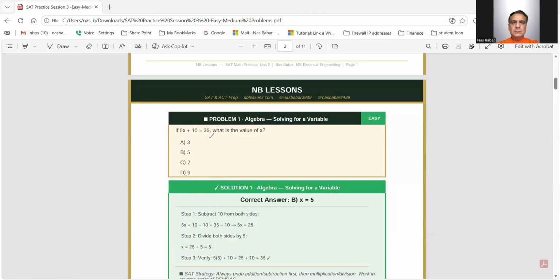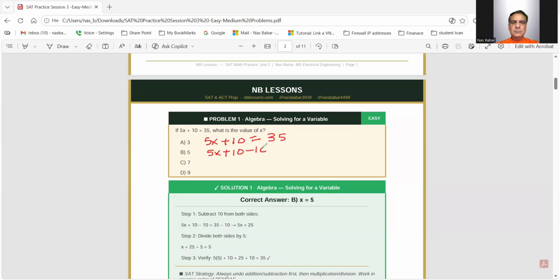So let's go ahead and write this problem. 5x plus 10 is equal to 35. My aim over here is to find the value of x. So what I want to do is isolate x, okay? One way I can do it, I can say 5x, I can subtract 10 from both sides, so plus 10 minus 10.